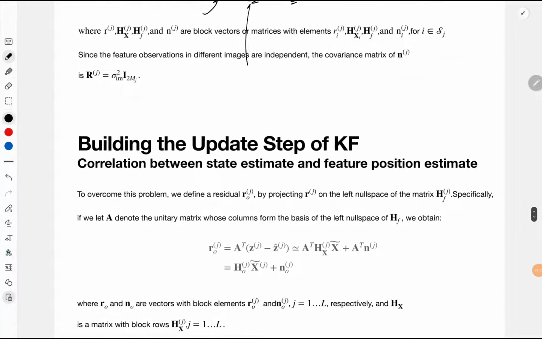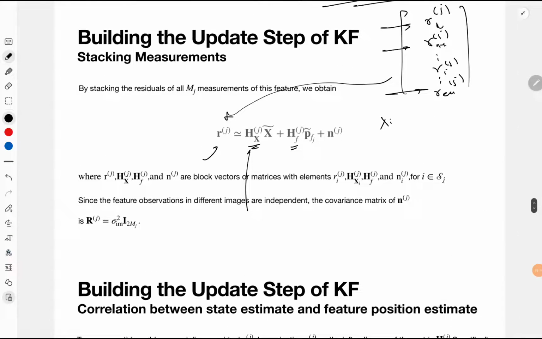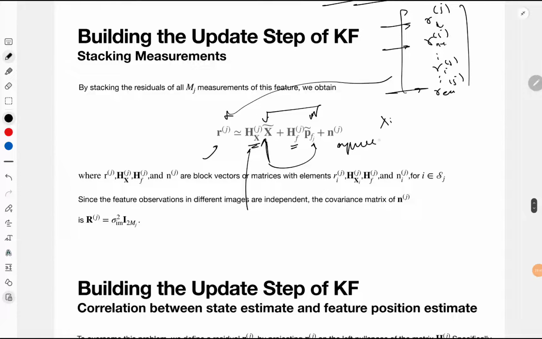The other problem is that in this residual, or in your measurement model, the pose of the camera is present in your state vector, so there is a correlation between this error state and the error in the feature position, and this is against the assumptions in the extended Kalman filter, or the Kalman filter.